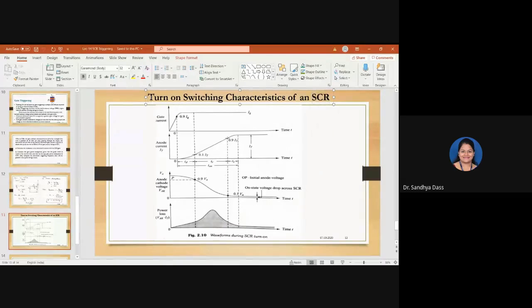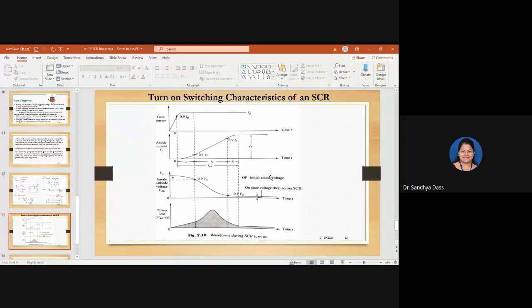Now here we are discussing turn on condition. Presently the device is turned off. If we are turning it on, then how does it behave? How are its characteristics? That is what we are discussing here.